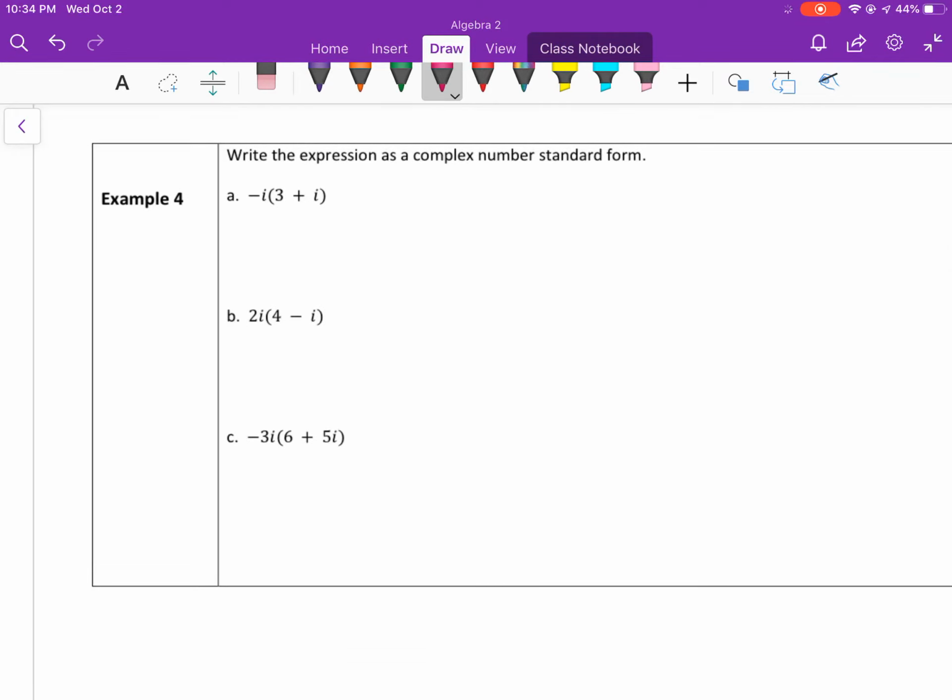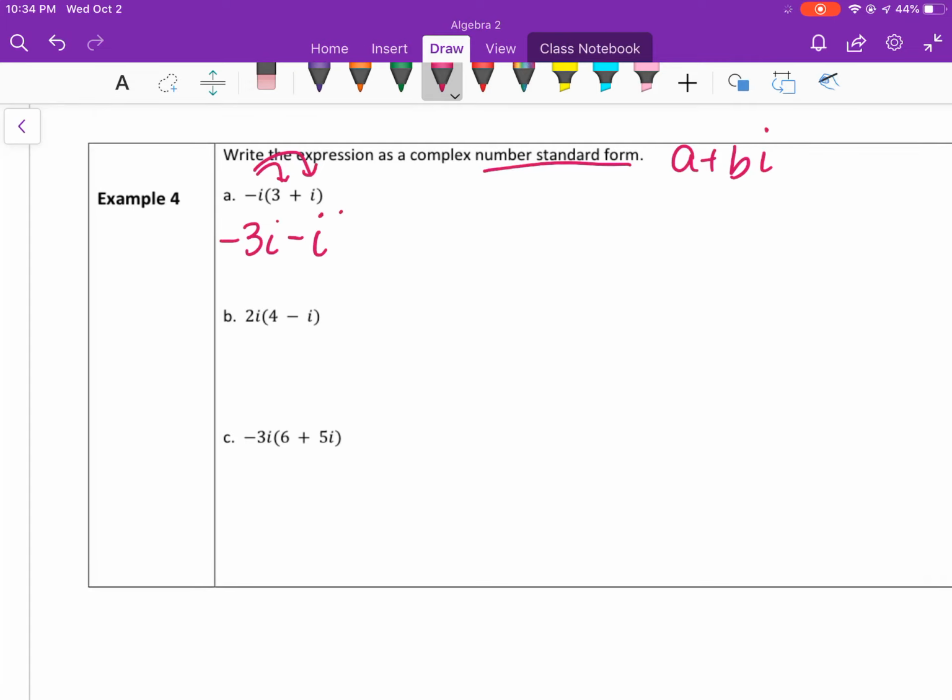Again, writing it in standard form, so a plus bi, but multiplying. So this means that I need to distribute this i inside here. The negative i is kind of like a negative 1i. So negative 1 times 3 is negative 3, and the i tags along, just like when you multiply by x, kind of. And then negative i times i is negative i squared.